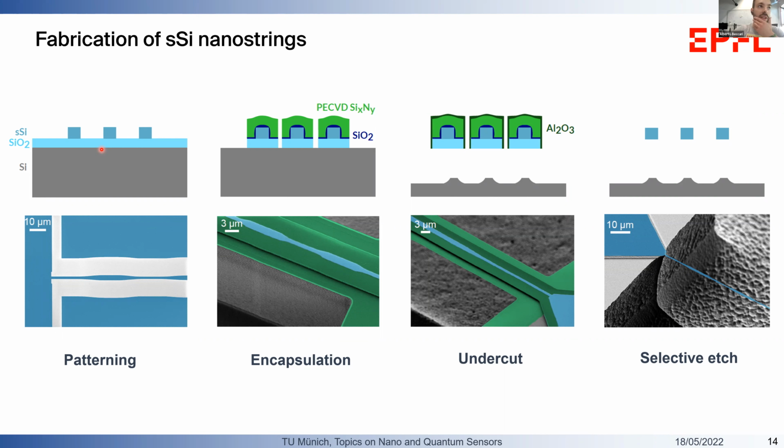I have to remark that this fabrication process, which is slightly involved, a bit complicated, is in principle not necessary if one finds a method to bond strained silicon on top of a much thicker sacrificial oxide layer.